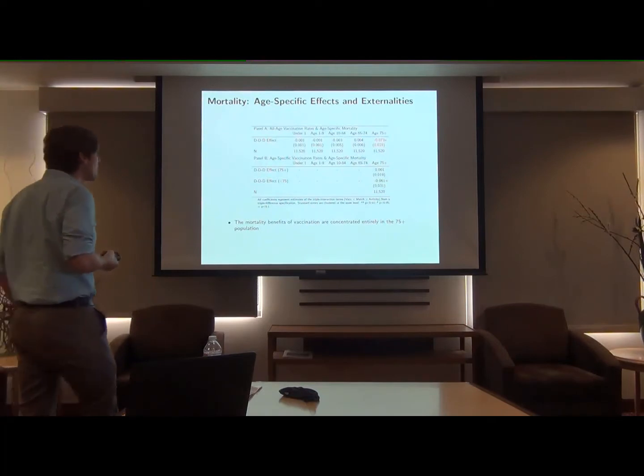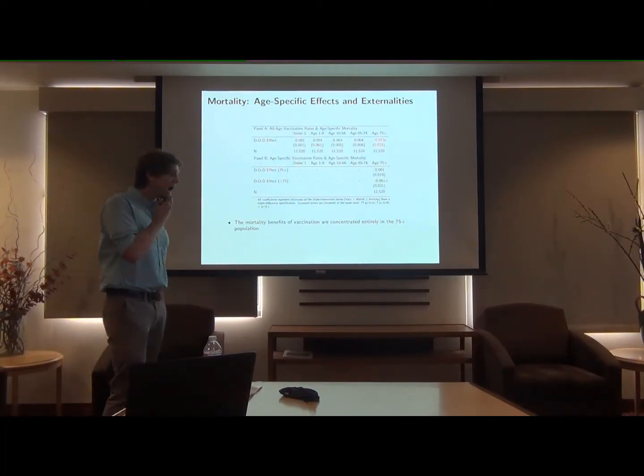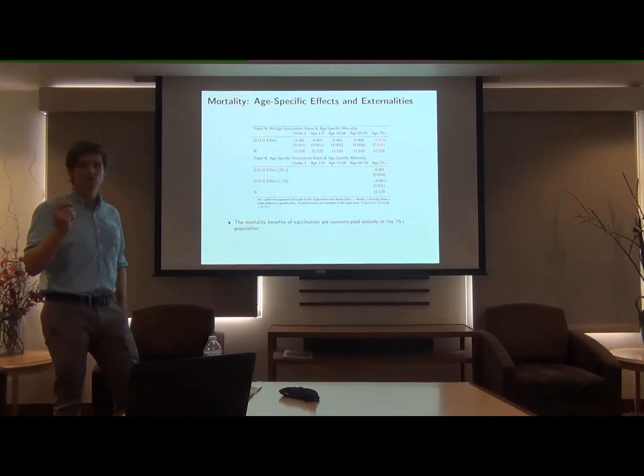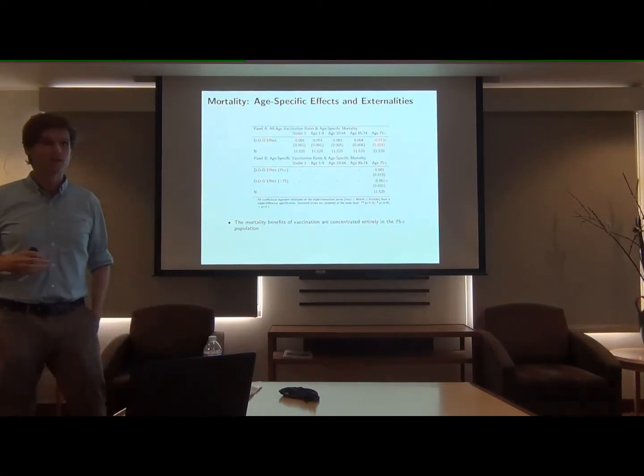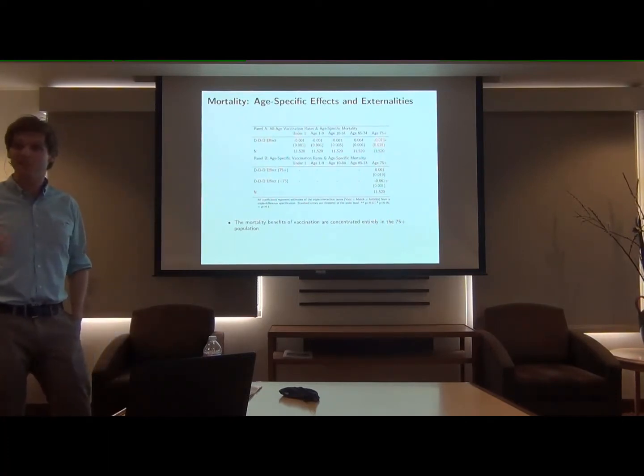Now, using the Behavioral Risk Factor Surveillance System, I can define vaccination rates as age-specific. And it's really useful that the elderly population is oversampled, because that gives me a significant amount of variation in that population, so I can calculate vaccination rates for the 75 and older population and for the under 75 population.